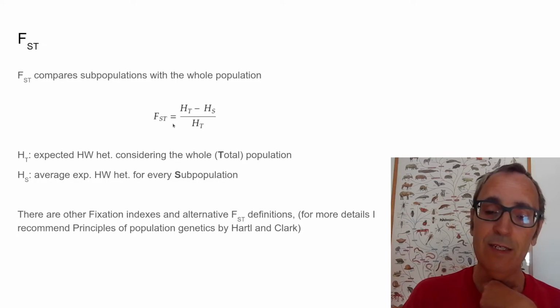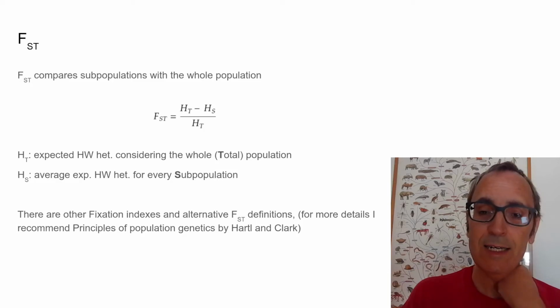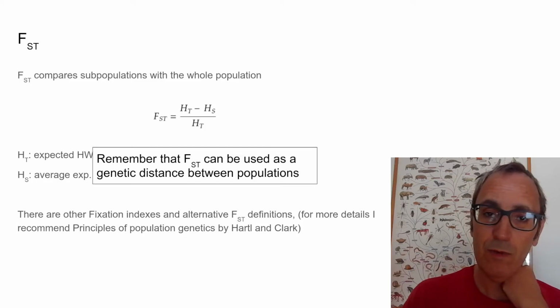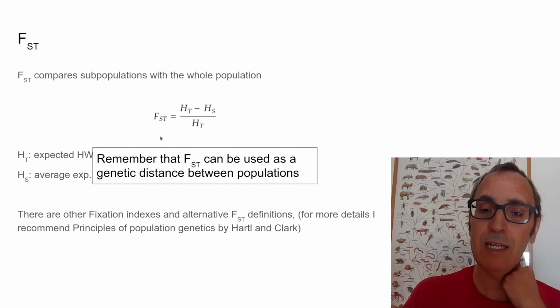FST relates the heterozygosity expected for the whole population and the mean heterozygosity found in each population. And this is the definition of FST. You remember that we talked about FST when talking about the genetic distances between populations. But this was the first approach to FST, an approach that still can be used.